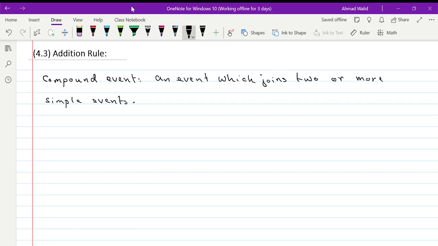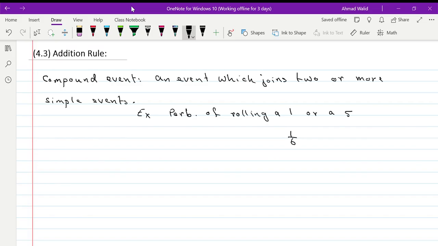For example, the probability of rolling a 1 or a 5. Here you see you have two simple events. You roll a die once, the probability of having a 1 is of course 1/6, correct?